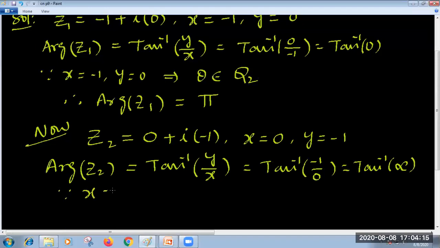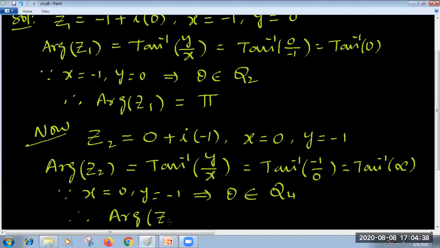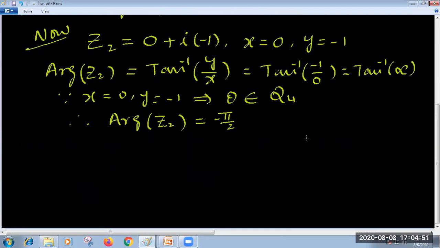Since x value 0 and y value minus 1, the angle belongs to the fourth quadrant. So therefore argument of z2 is equal to minus pi by 2. Fourth quadrant angle is minus 90.